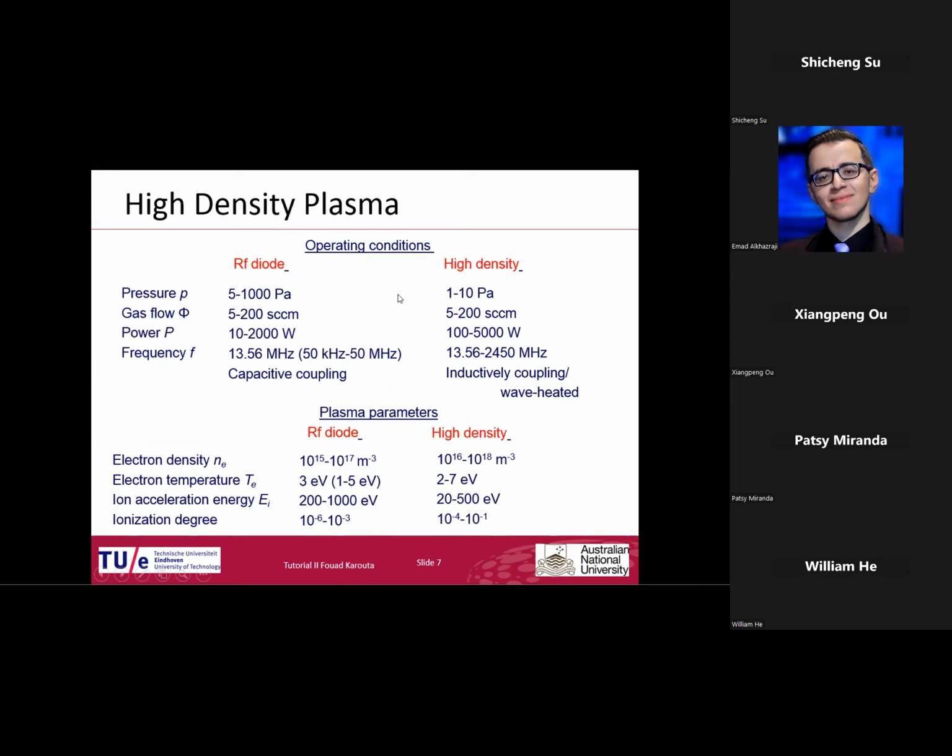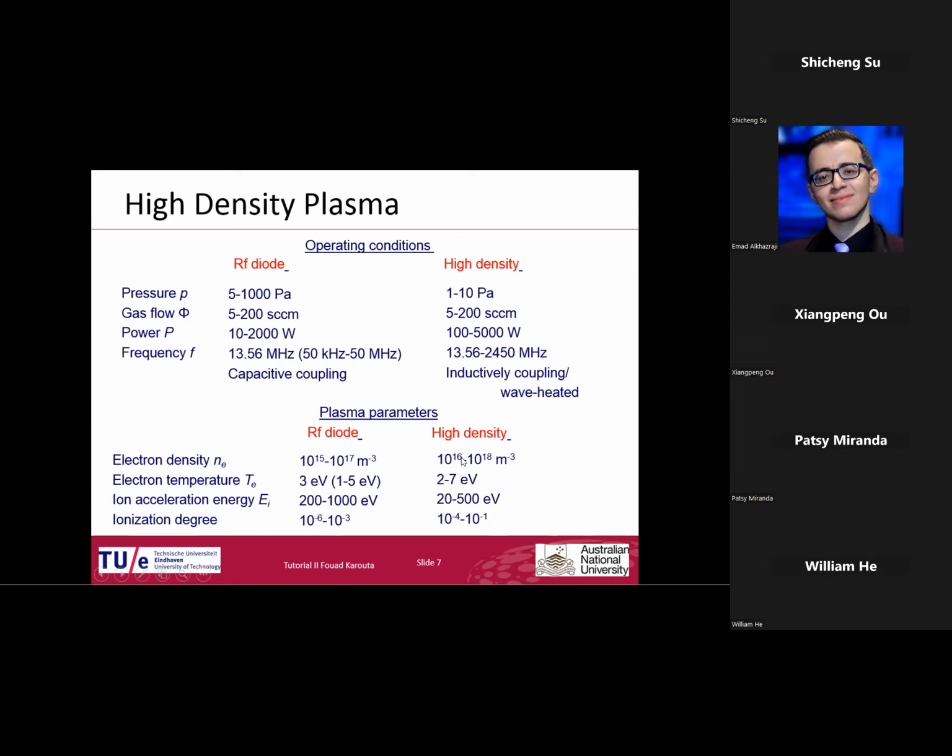So high density plasma, if compared to what I call the parallel plate reactor, you see that we work at lower pressure. The gas flow is more or less in the same range. The power can be higher depending on the configuration of the machine. The frequency of the high density plasma in the ICP case is 13.56 megahertz, which is the same frequency used in capacitively coupled plasma. There are also other parameters, like the electron temperature and electron density.